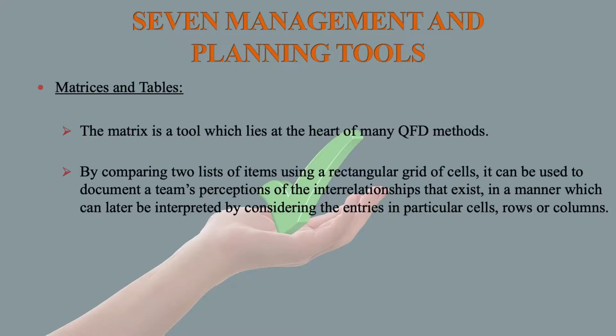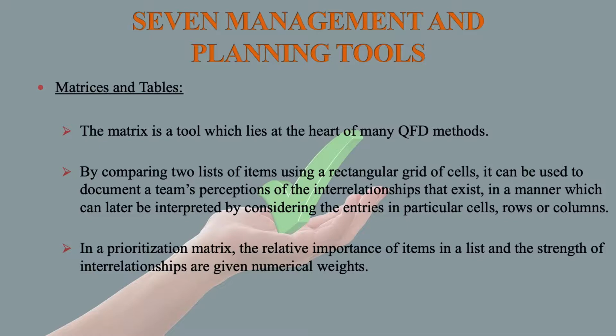By comparing two lists of items using a rectangular grid of cells, it can be used to document a team's perspective of the interrelationships that exist, in a manner which can later be interpreted by considering the entries in particular cells, rows or columns. In a prioritization matrix, the relative importance of items in a list, and the strengths of interrelationships, are given numerical weights.